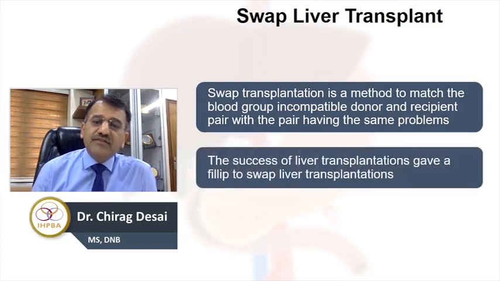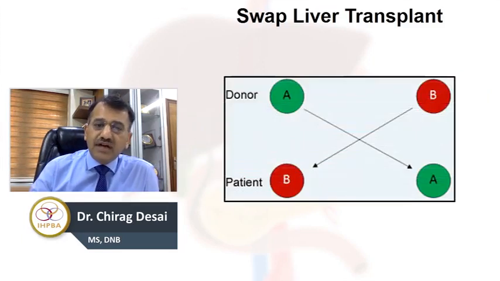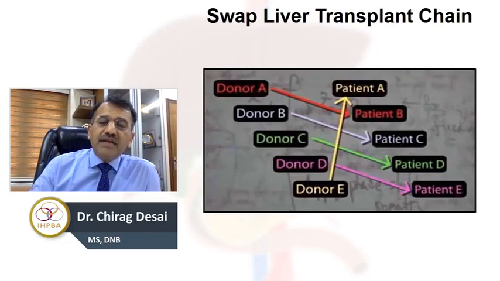The success of liver transplantation gave good thrust to swap liver transplant also. So this is how both the pairs swap their donors. Many times multiple pairs are there, and the whole swap liver transplant chain is done.